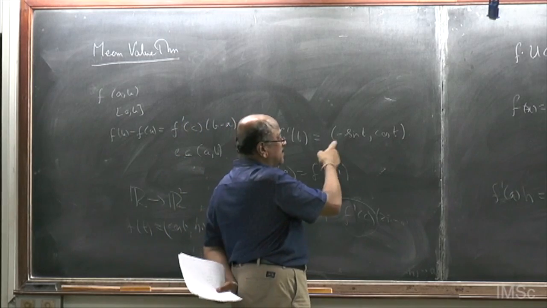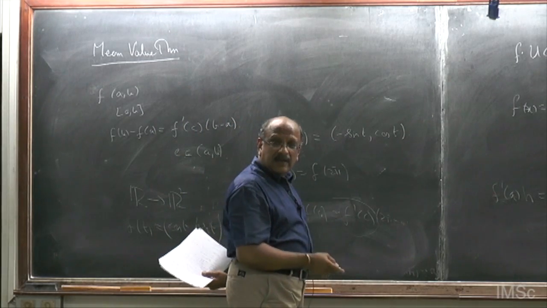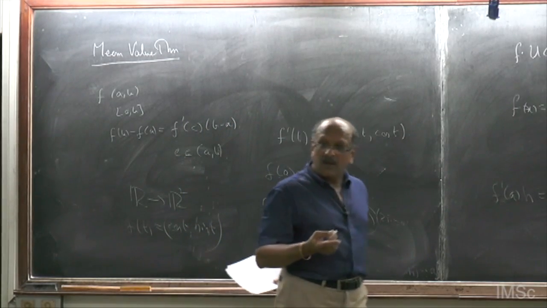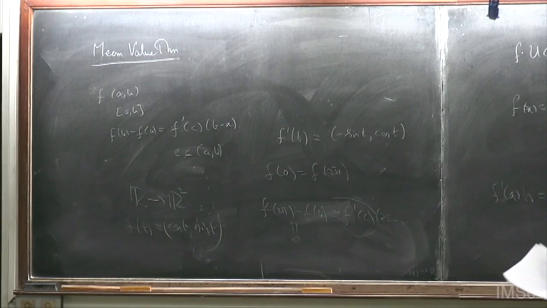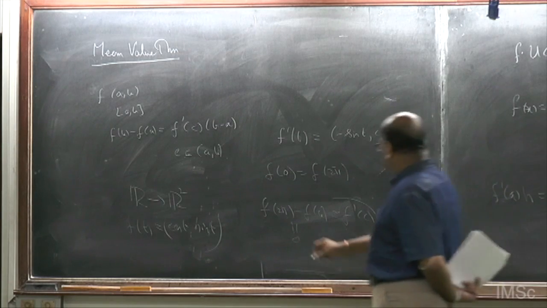But what is f dash c? It is (minus sin c, cos c), its modulus is always 1, because cos square plus sin square is 1. So, it can never be 0. So, you cannot expect any such theorem like this.